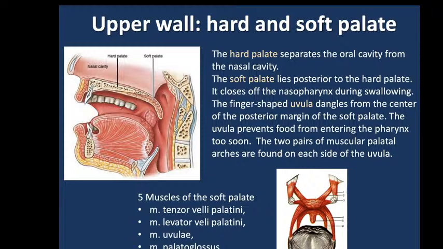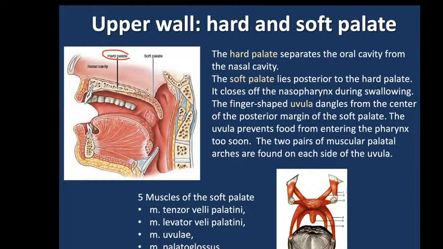Okay, the upper wall of the oral cavity is the hard palate here. It separates the oral cavity from the nasal cavity, of course, and it is made from the maxilla, and the posterior part of the hard palate is the palatine bone.